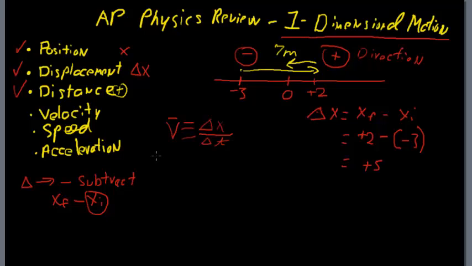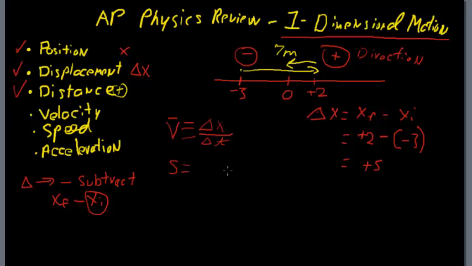Okay, let's keep going here. Because the displacement is a vector, velocity is a vector as well. Speed, on the other hand, is not. Speed can be one of two things, and we'll use an S for speed.